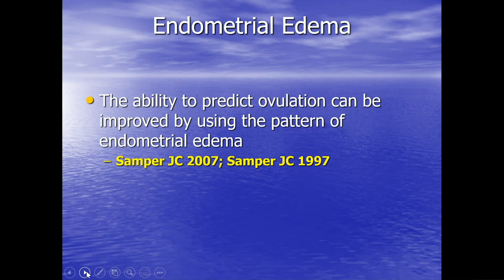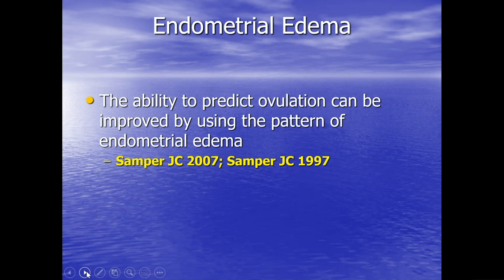And much has been written about this. I like the two papers a good friend and colleague of mine, Juan Samper, wrote in the AAEP proceedings. '97 really was Juan's paper introducing this concept that we could grade endometrial edema with a score or a term, moderate, slight, or 0, whatever you're going to grade it, but grade it somehow.